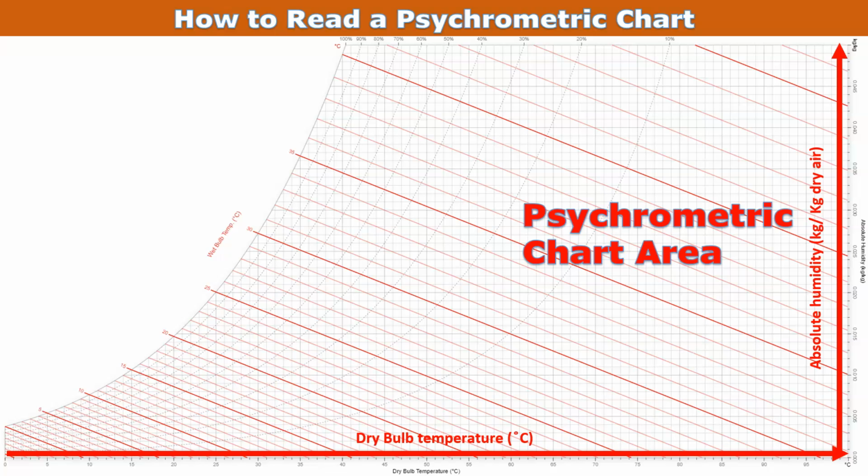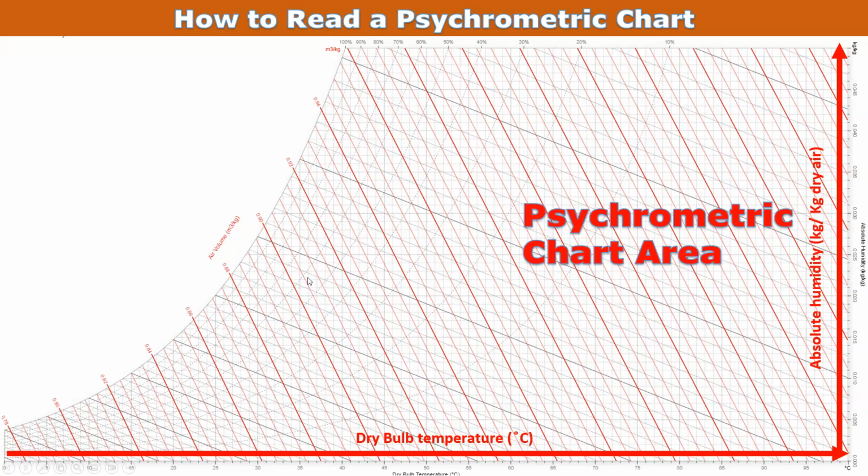Now in this psychrometric chart, if you see this diagonal line, it represents the wet bulb temperature. So if you want to know the wet bulb temperature, you must see this diagonal line. Now another type of psychrometric chart, this type.